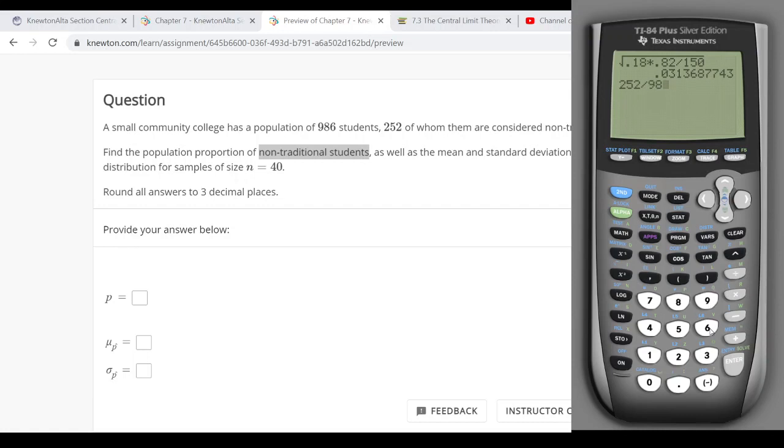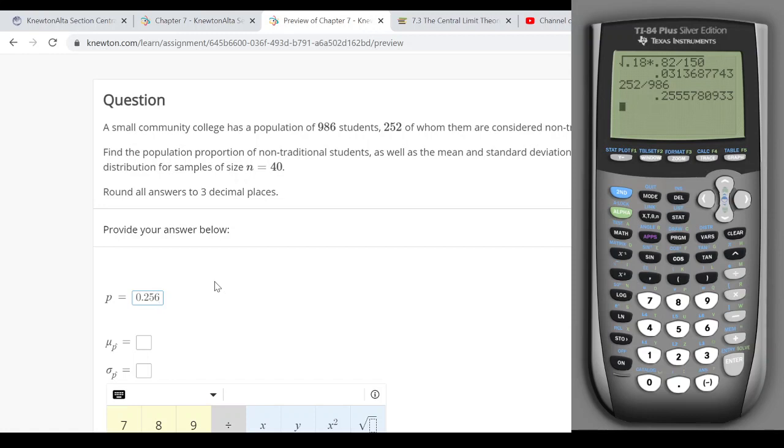So 252 divided by 986 rounded to 3 decimal places would be 0.256, right? Because you got 5.5, that would bump the third decimal place up to 5.6. So the value of p rounds to 0.256.